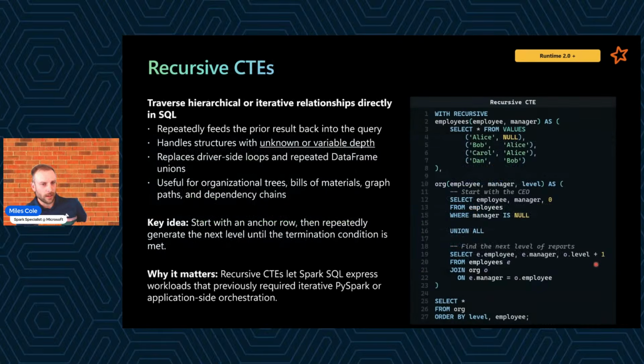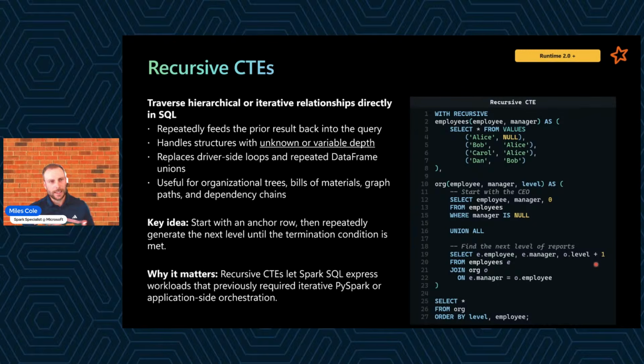Another one that's been a pain point in migration scenarios as well is recursive CTEs. It hasn't been supported, but is now supported in Spark 4, Gluten Runtime 2.0.